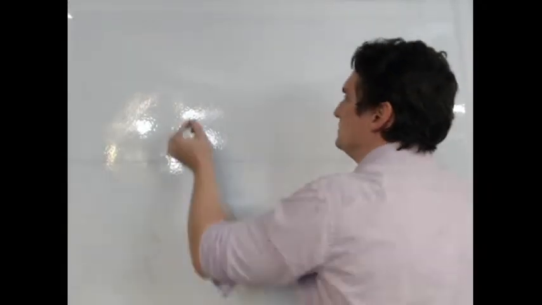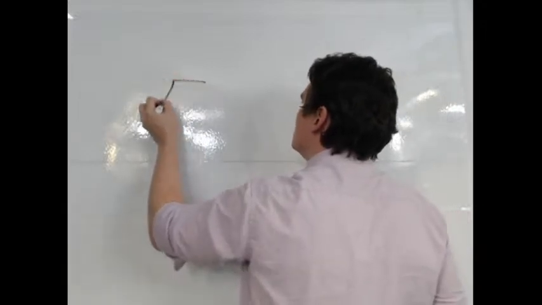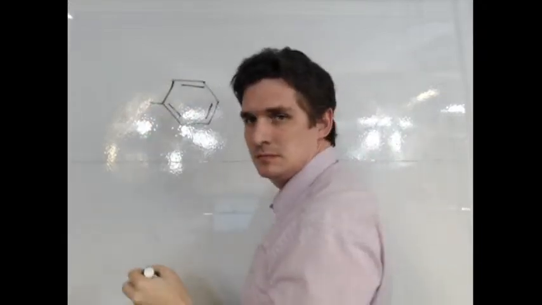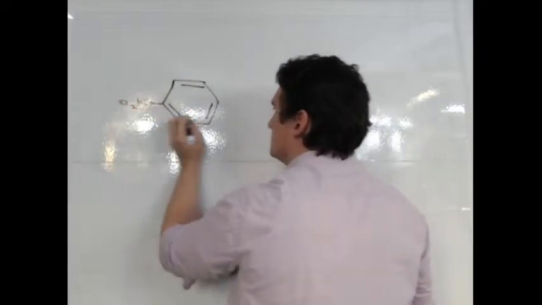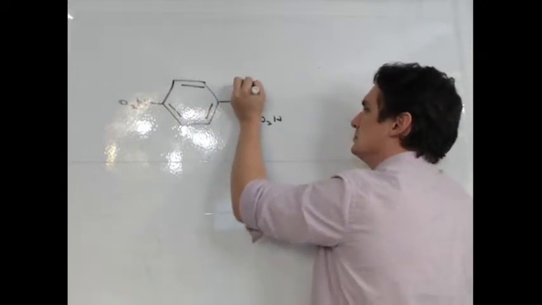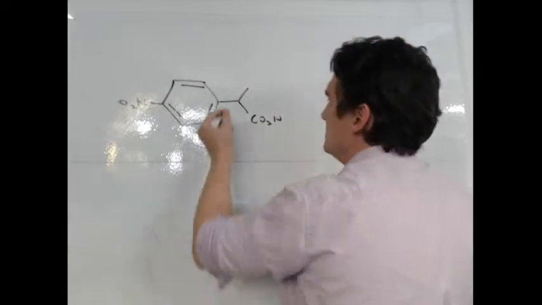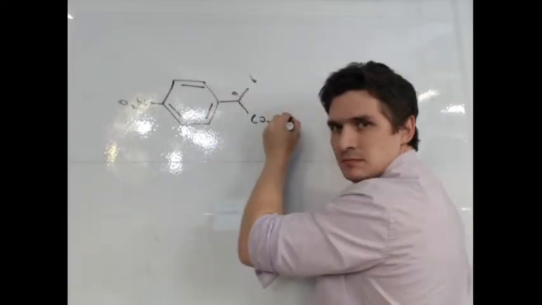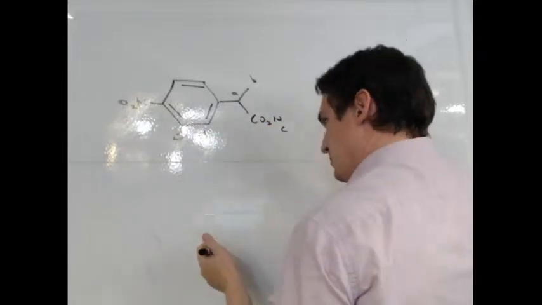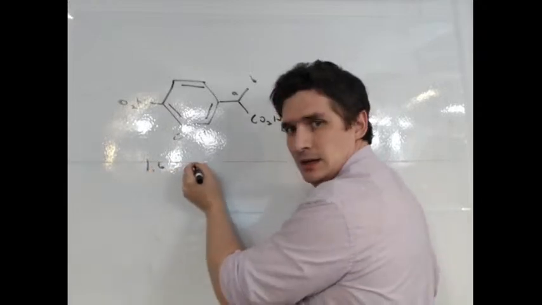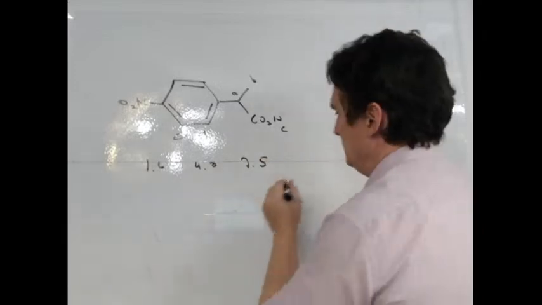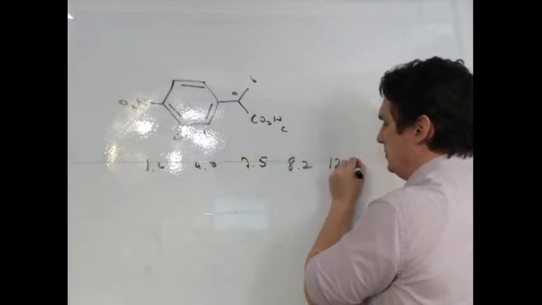So we've got this molecule. It goes A, B, C, D, E. And it gives you a list of chemical shifts: 1.6, 4.0, 7.5, 8.2, and 12.0.